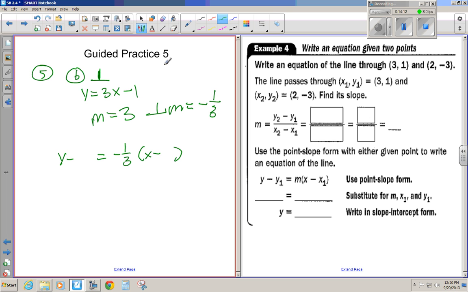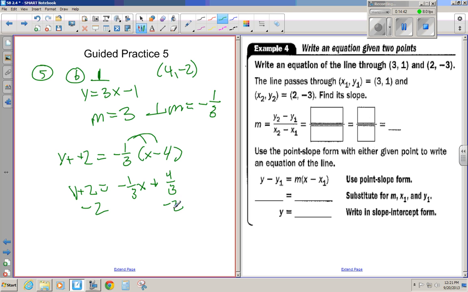And now I need to plug in the x1 and the y1 that is given. So the x1 is 4, y1 is negative 2. When you minus a minus, it becomes plus. When you distribute the negative 1/3, it becomes negative 1/3 x plus 4/3.